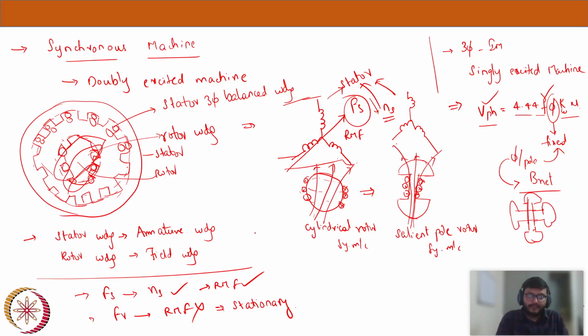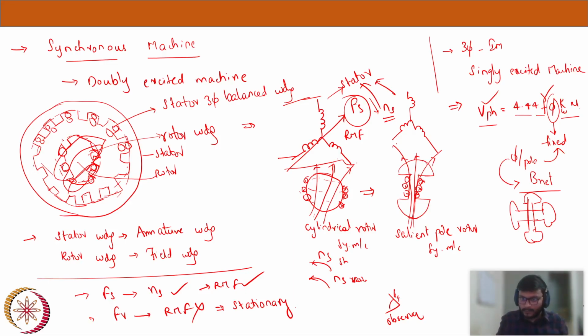It means that both fields should be rotating with the speed of NS, let's say this is of the stator and this is of the rotor. With respect to a stationary observer, the relative speed between those two should be zero.